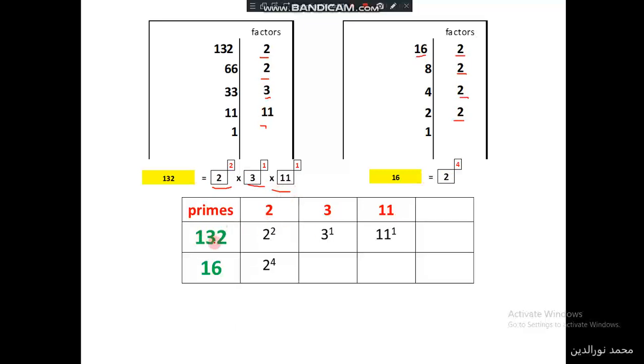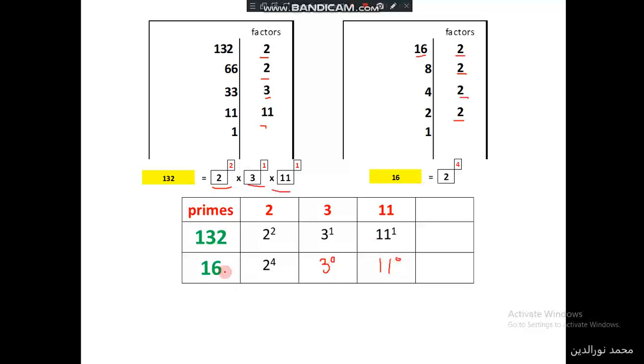For the number 132, we have 2 squared, 3 power 1, and 11 power 1. For 16, we have 2 power 4. We don't have 3, so it's better to put 3 power 0 and 11 power 0.